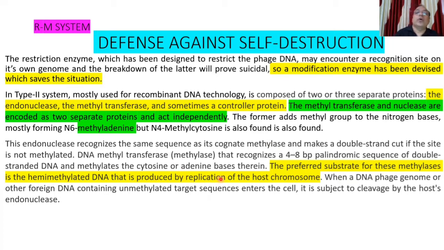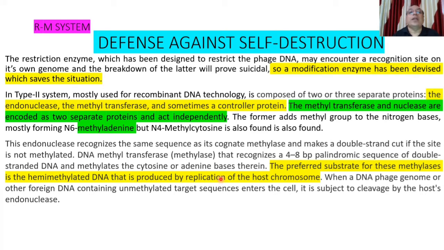Now, there is one more point. So, hemimethylated and totally methylated. If the methylation process is not carried out quickly, then what will happen? Some enzymes which were attacking the bacteriophage DNA may attack the self DNA too.